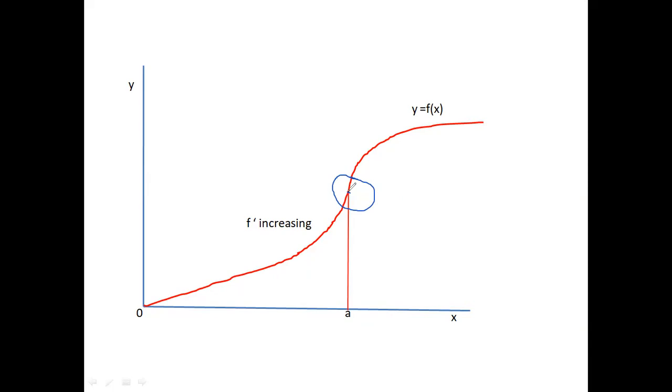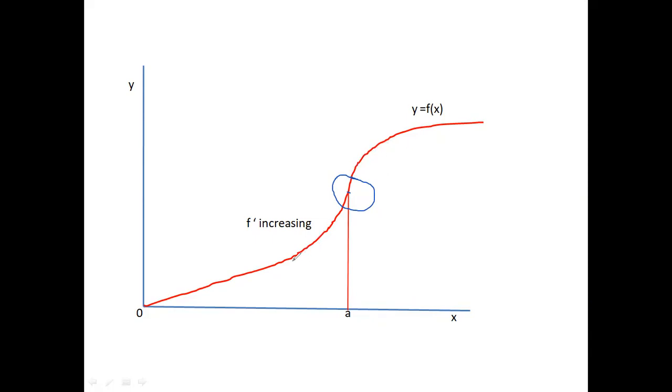Now for x, that is labor, between 0 to a, the marginal product of labor is increasing. For x greater than a, the slope decreases.